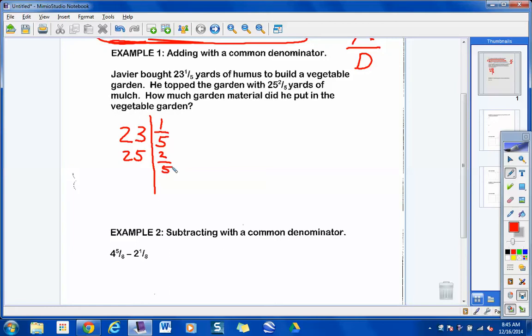Okay? Now you're going to hear me talk an awful lot about this idea of potentially borrowing a value, or also maybe having a value of more than one to put back in as a whole today.